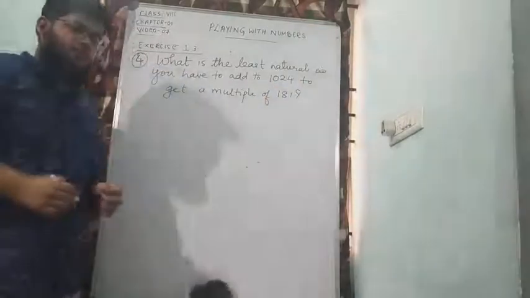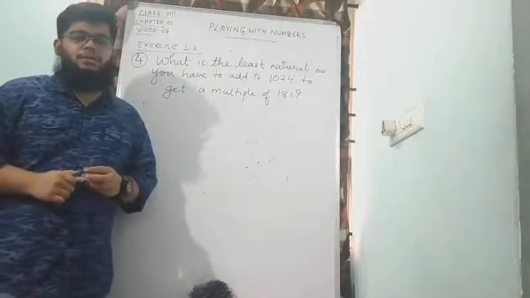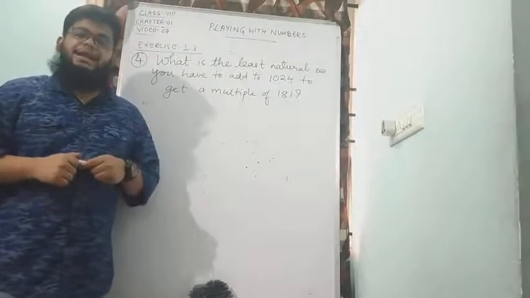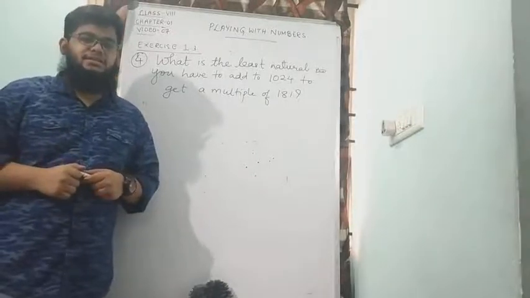This is going to be a homework question, but I am going to explain to you how to do it. Please try as much as you can, and if you don't get it, we'll try it in the next class.